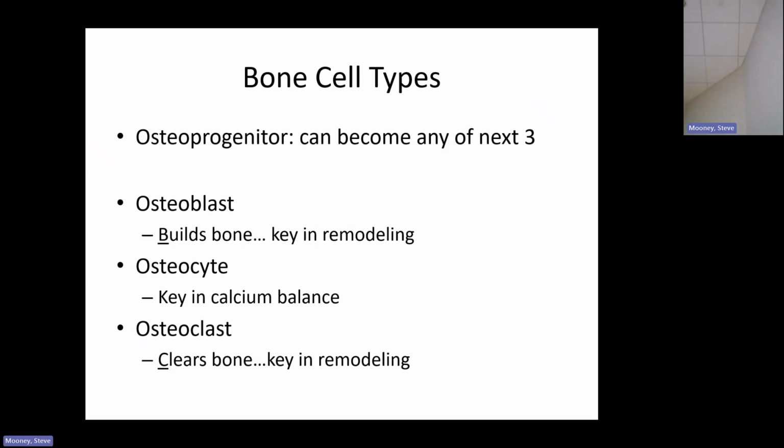If we have extra, particularly in the summertime, we're going to put that in the bank for later. So you can think about the osteocyte as the bank teller or the ATM. I can make deposits, I can make withdrawals. Any questions so far?